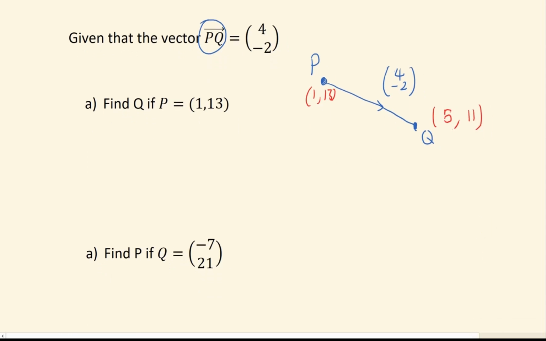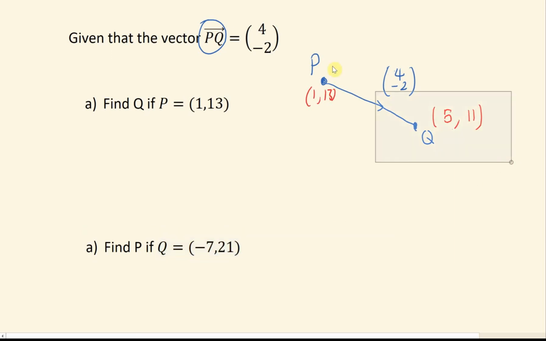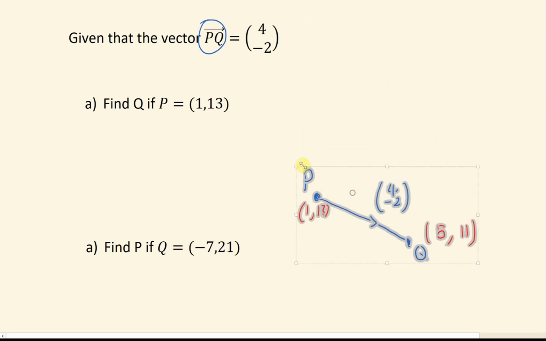Let's try one more, the same idea, but here we're going backwards. So we're given what Q is, (-7, 21), and we want to go backwards to work out what P is. So it's the same vector. However, here we are told that Q is (-7, 21), and we want to work out what P is. So we just need to work backwards.